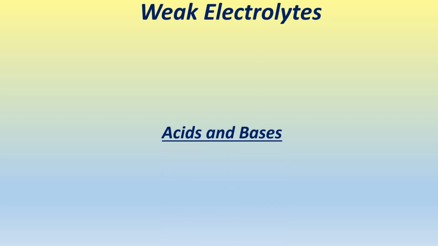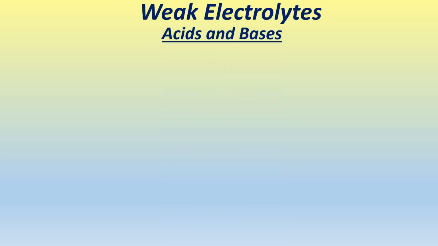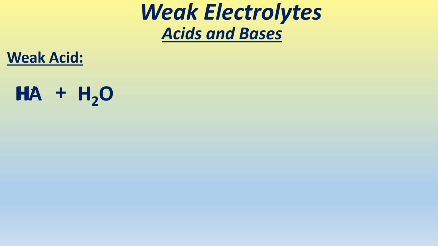When looking at weak electrolytes and acid-base reactions, they exist in equilibrium. So if I have some given acid, HA, and I put it in water, acids donate protons. So H2O becomes H3O+.